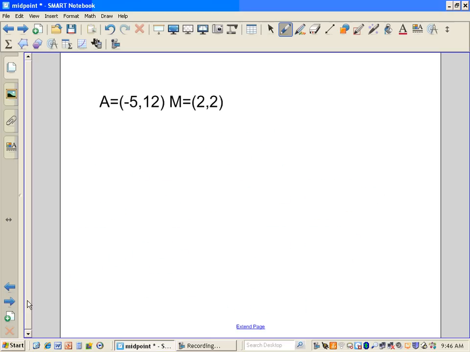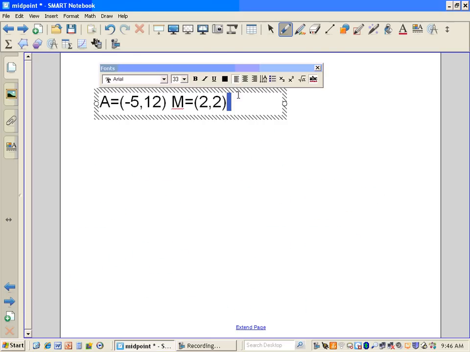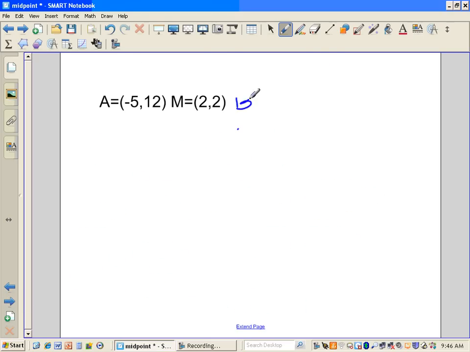Let's look at 2 more examples. Again, we have A, we have the midpoint, and we don't know what our B value is going to be, the other endpoint. Set it up the same way. My midpoint for x is 2, my x1 value is negative 5, and I don't know my x2 value, but I know I have to divide by 2.